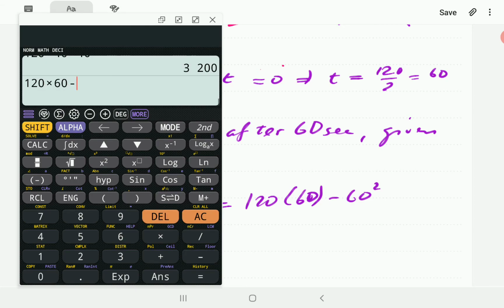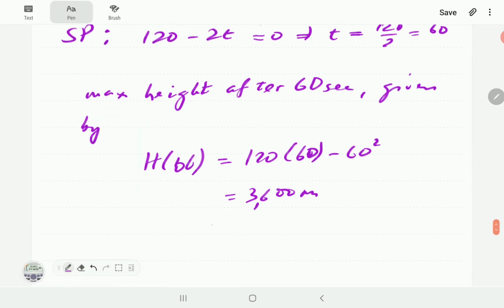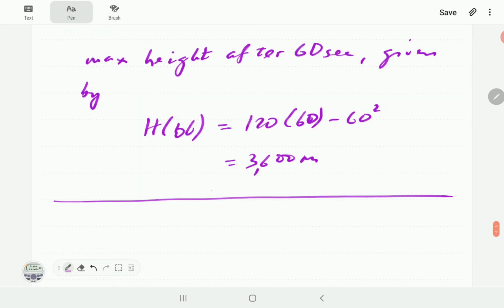This gives us 3,600 meters. So that is going to be the maximum height reached by the bullet.